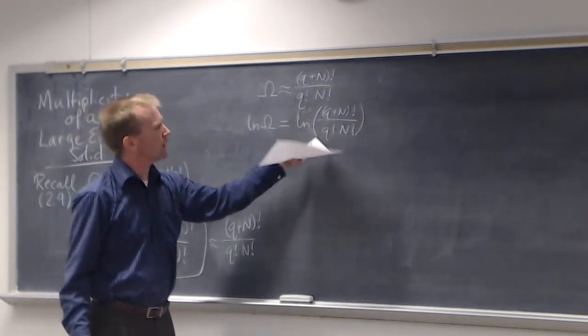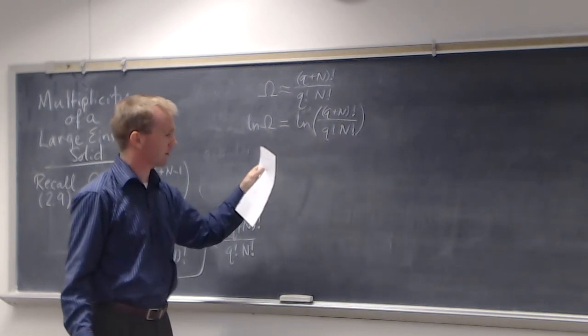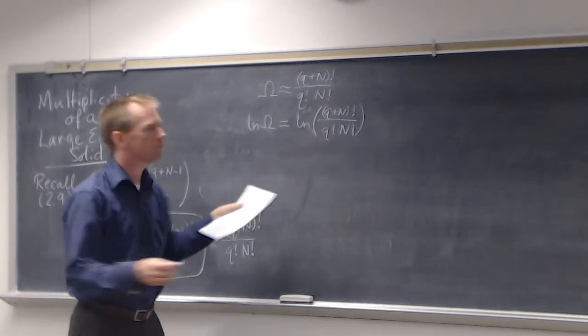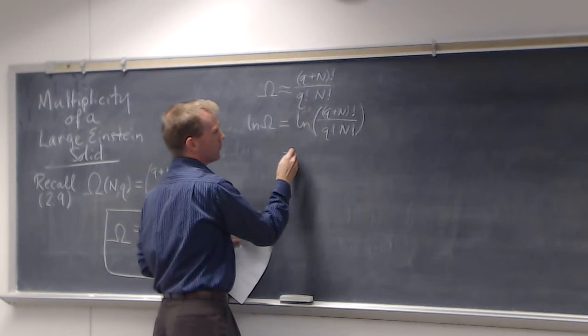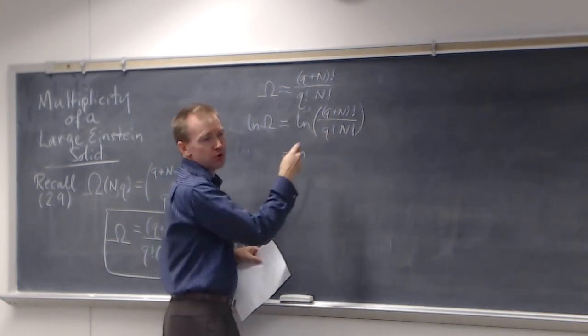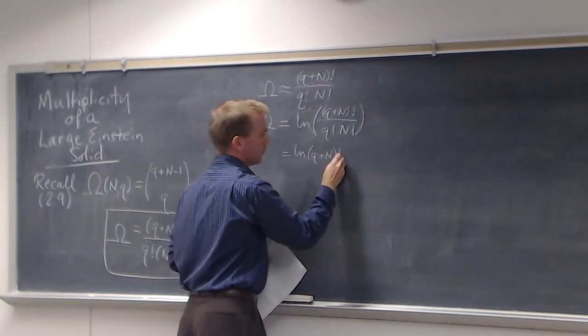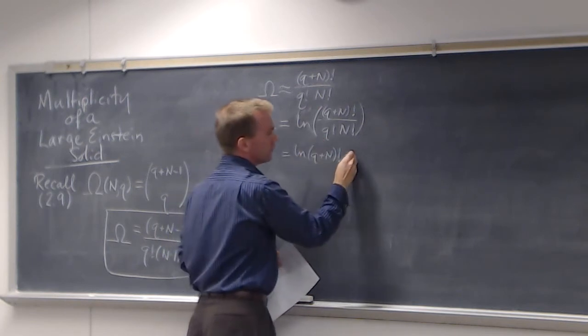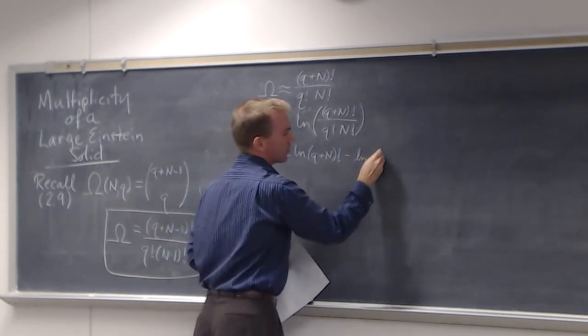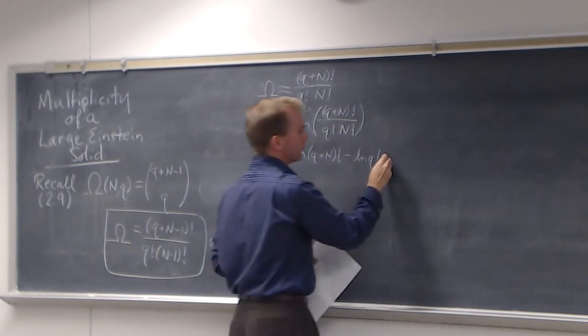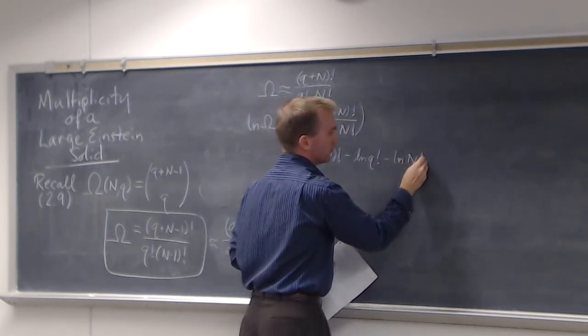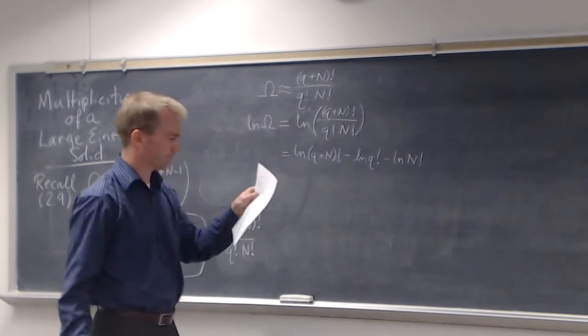Now I've got a ratio and I've got products in the denominator, so I've got three terms. Natural log of q plus n factorial minus natural log of q factorial and minus natural log of n factorial.